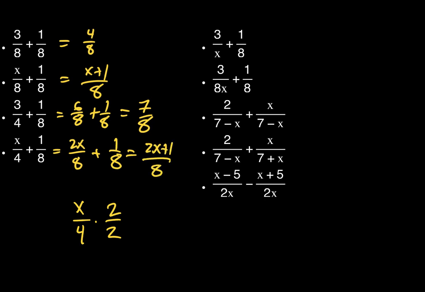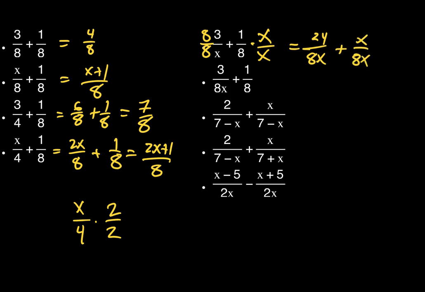Into one fraction. My denominators over here then are obviously much different, x and 8. So I need to multiply the first one by 8 over 8, the second one by x over x. So that way I'll have 24 over 8x plus x over 8x.